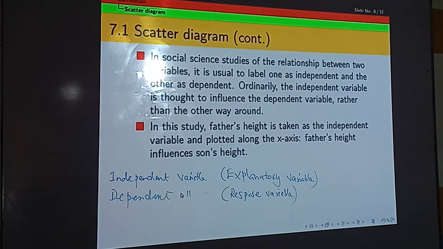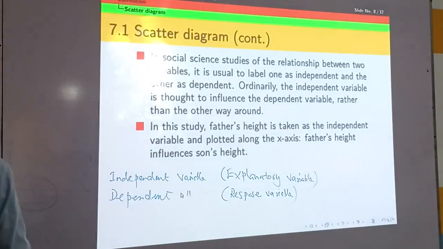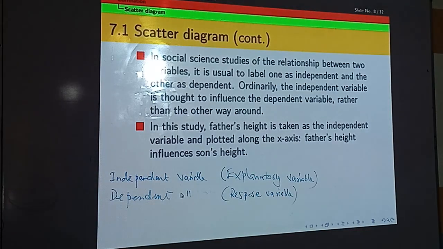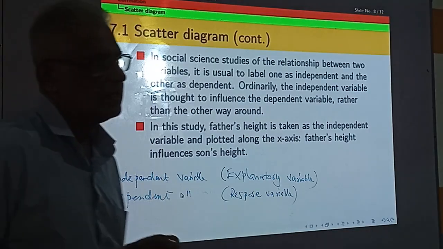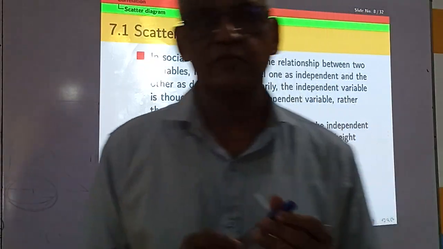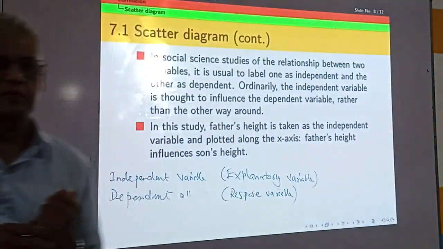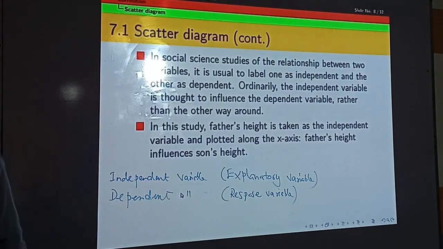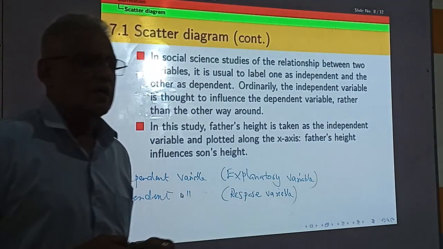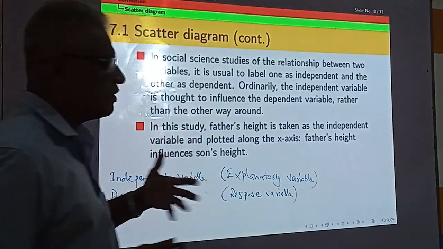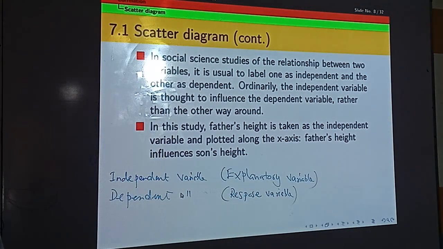So when you have two variables, if you are only looking at the association, that is the only purpose, you can take any variable as independent variable and the other variable as the dependent variable. It doesn't matter. But most of the situations where you are interested in association, you are also interested in some kind of prediction.